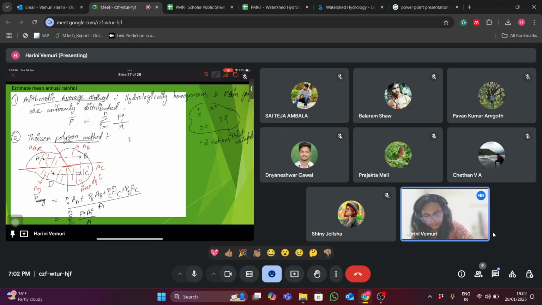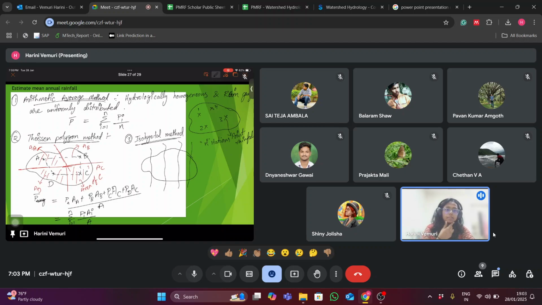Okay, the next method to estimate the areal mean annual rainfall is the isohyetal method. Okay, so suppose for a catchment we have isohyets.